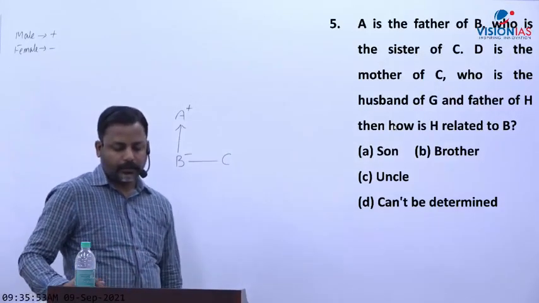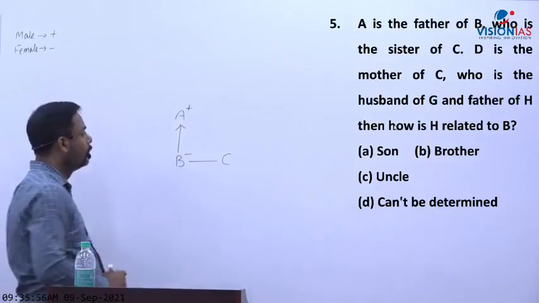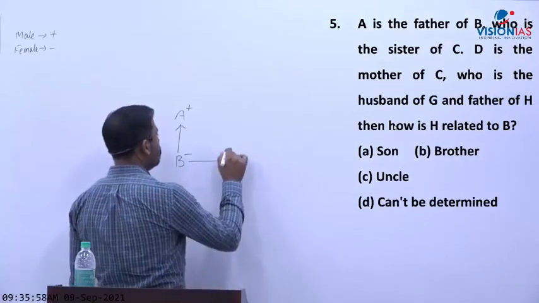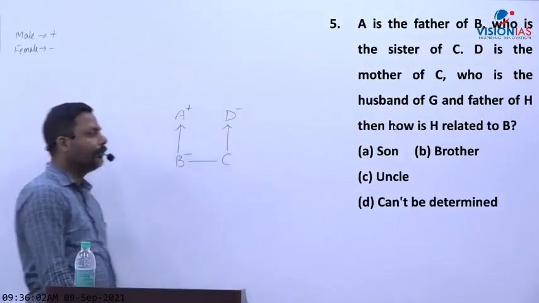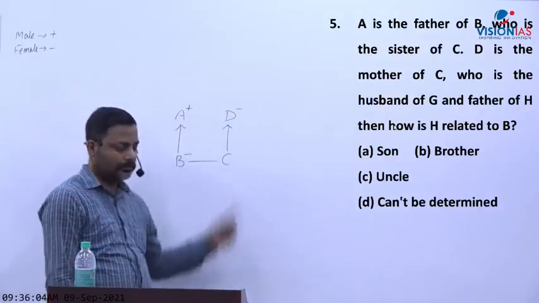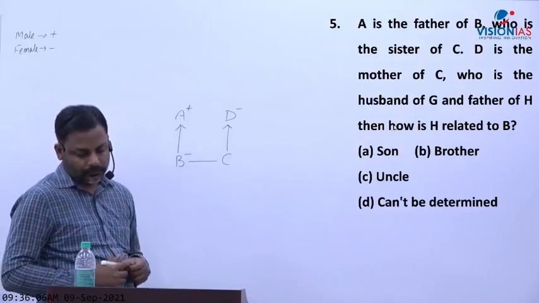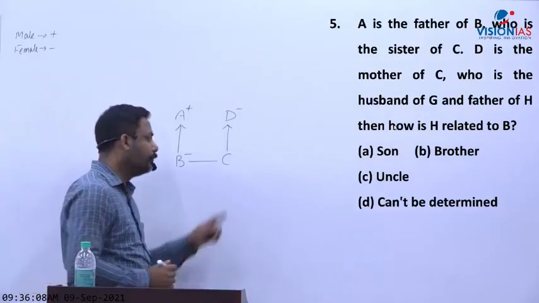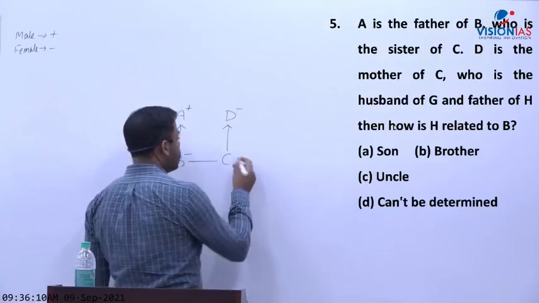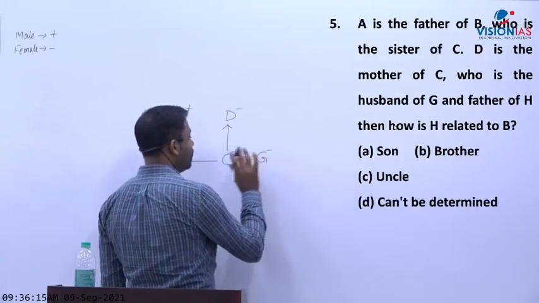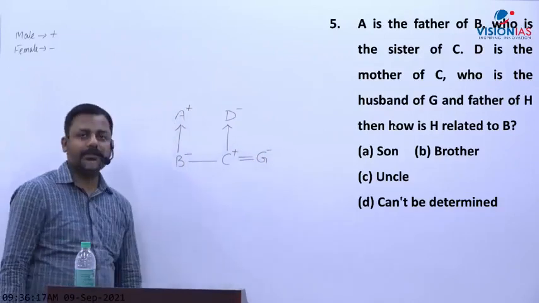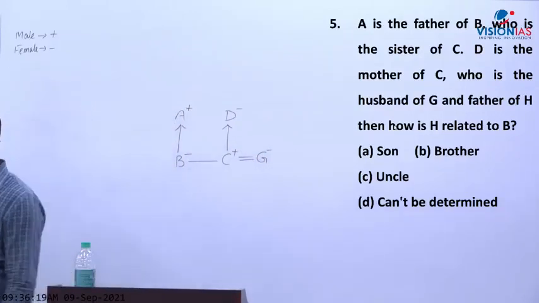Okay. Now D is mother of C. So D is the mother of C. We will place D. Who is husband of G? Who means C. C is husband of G. So if C is husband, it means G must be C's wife.